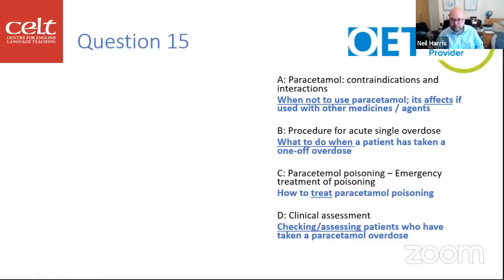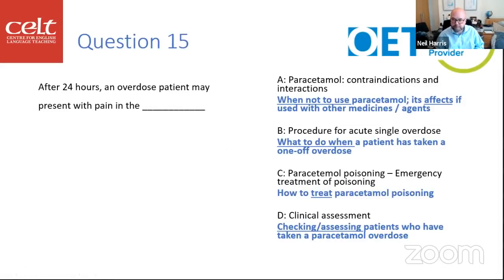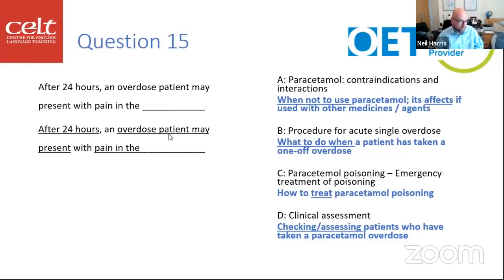Okay, let's try another one. Question 15. Here's our question. After 24 hours, an overdose patient may present with pain in the blank. Okay, so we underline the keywords. After 24 hours, overdose patient may present with pain in the.